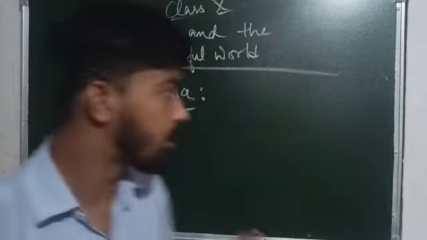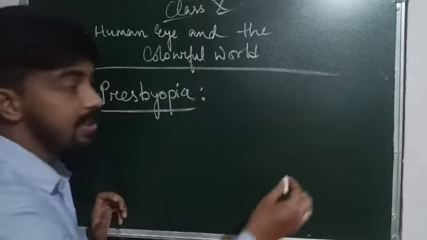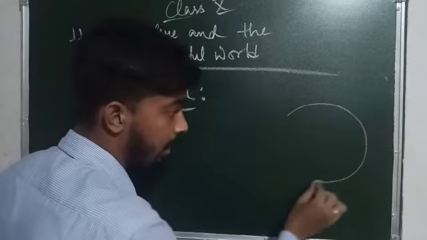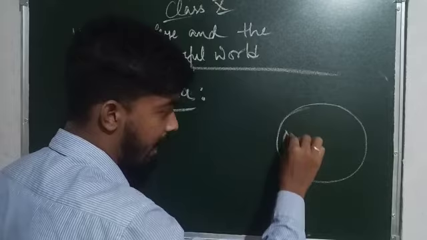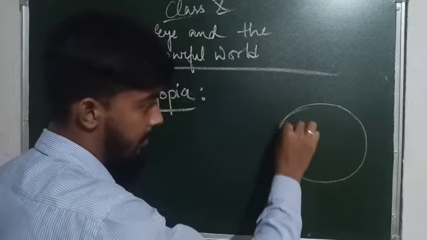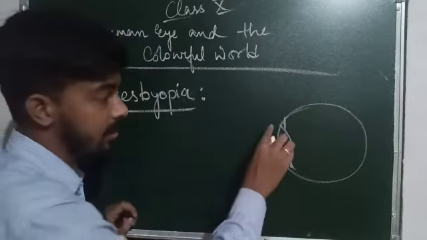So due to the weakening of the ciliary muscles, like this is our eye, this is the eye lens here, and the eye lens is present there due to the ciliary muscles.